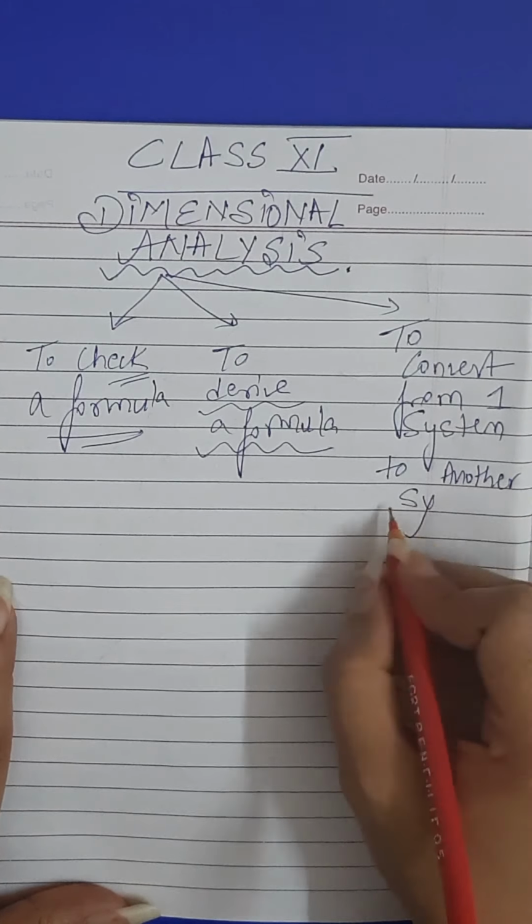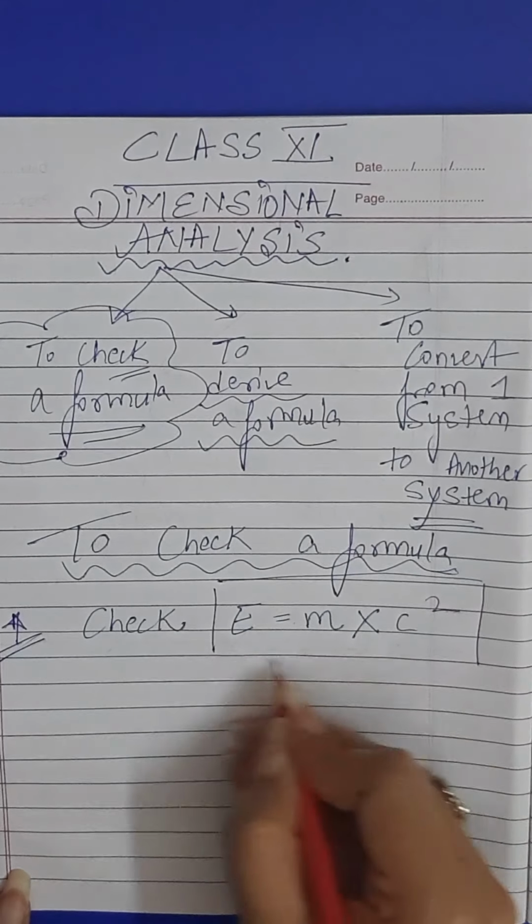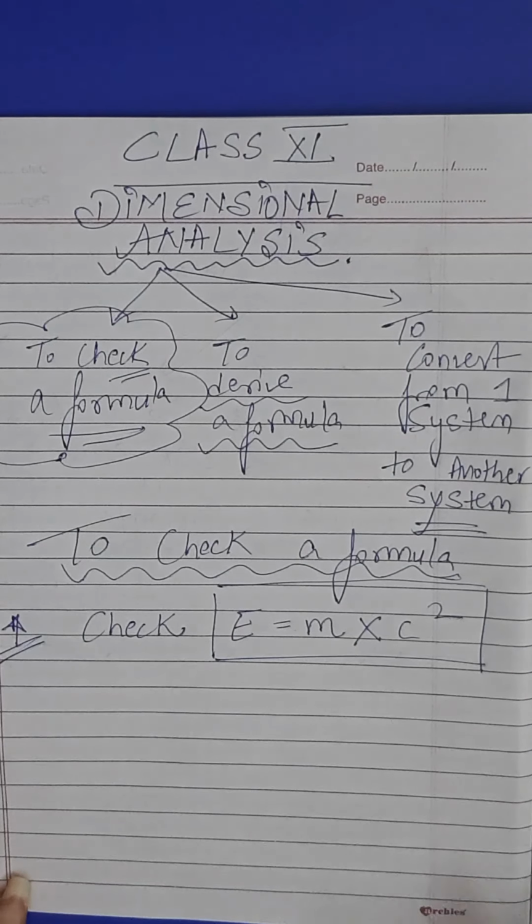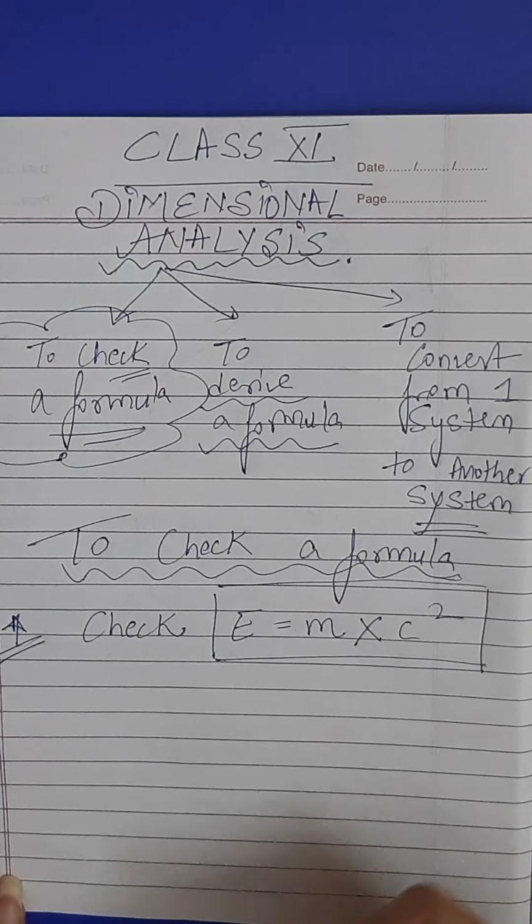So we will be checking Einstein's mass energy equivalence, which is E equal to m into c square, the most important equation in physics, which even apart from science students, other students are also aware of.